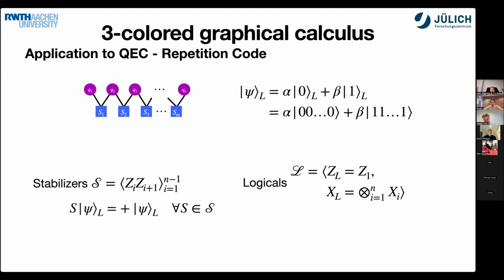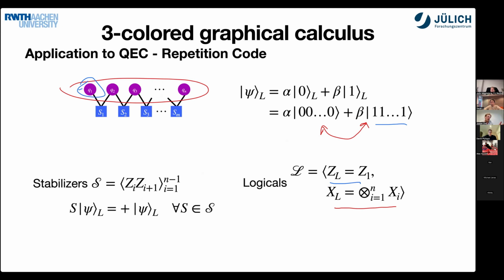And then we have logical operators, a logical X operator that flips 0 to 1, that's supported on all of the qubits, and a logical Z operator that we can just choose to be on qubit 1. That then flips the phase of the logical state.